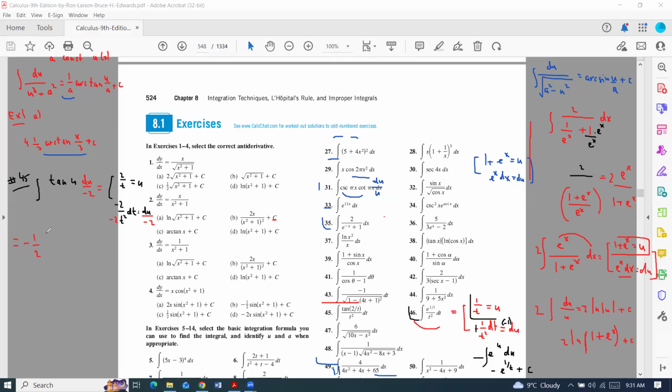So now, how do I integrate tangent? It's also substitution, sine over cosine. So you substitute as usual the denominator. So you pretty much never substitute your numerator unless you cannot do the substitution for your denominator.